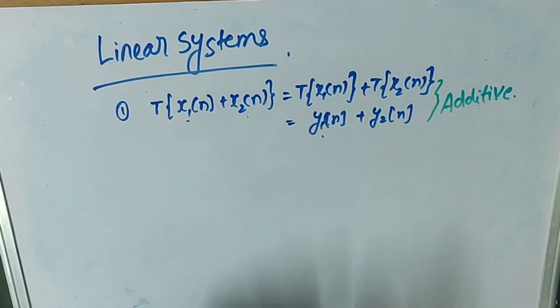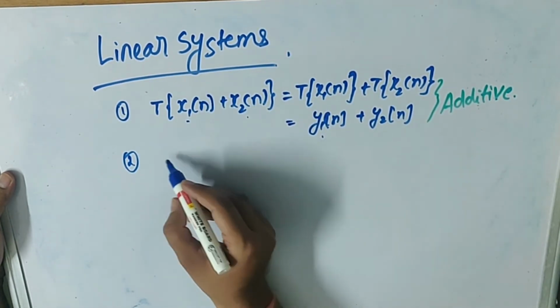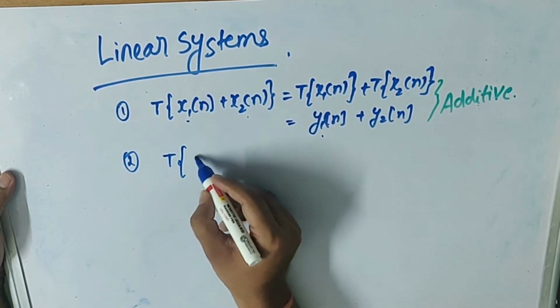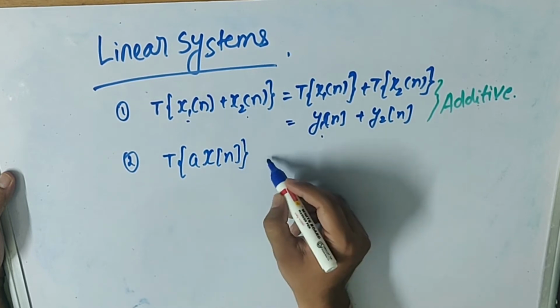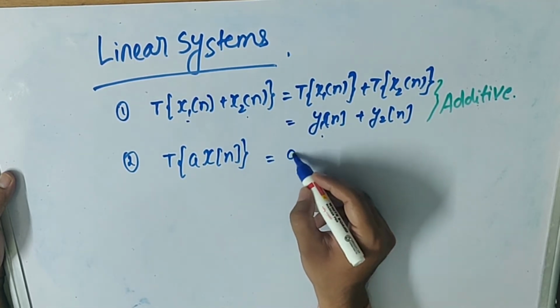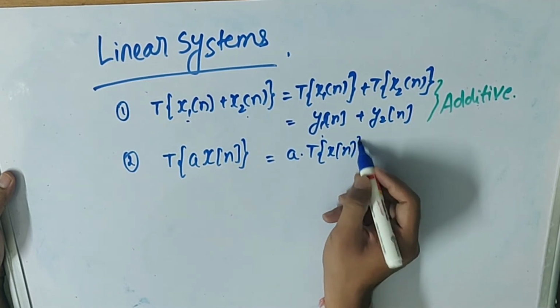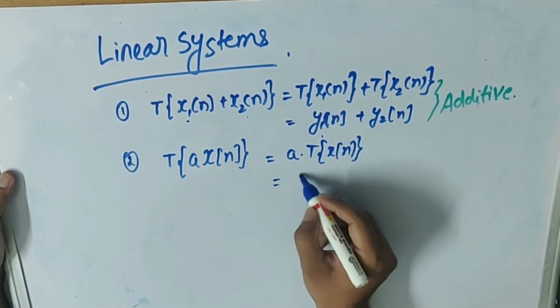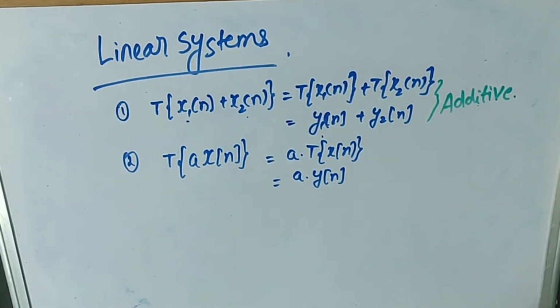Okay. So next, the second one is T{a x[n]} = a T{x[n]} = a y[n], where a is any arbitrary constant.